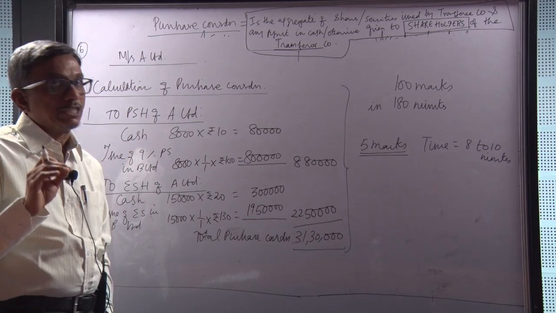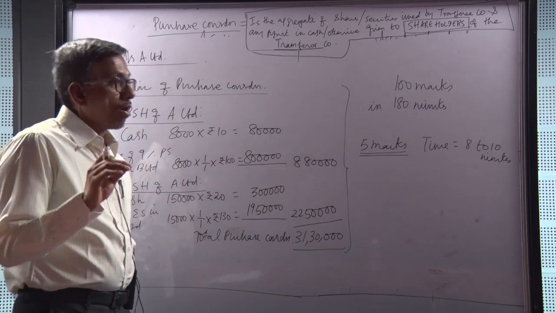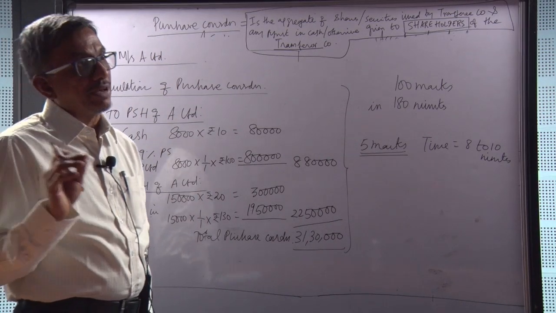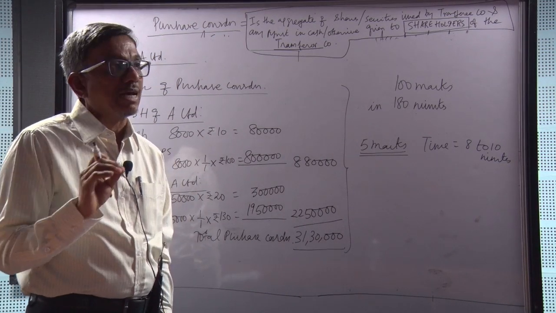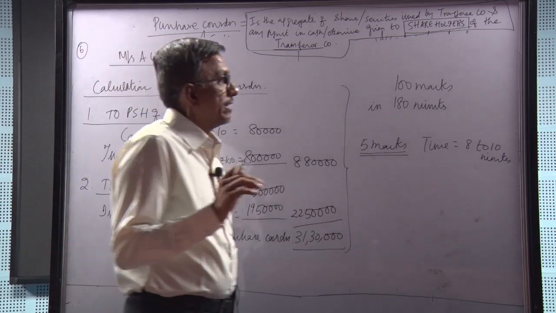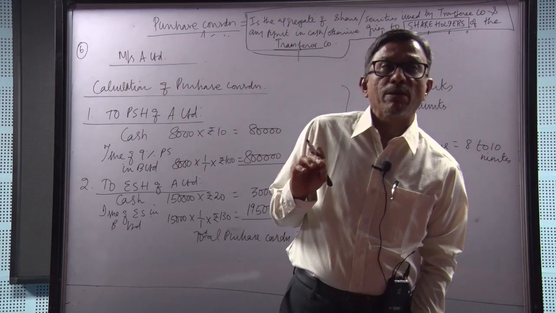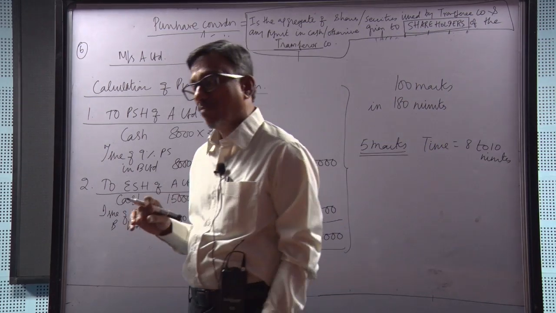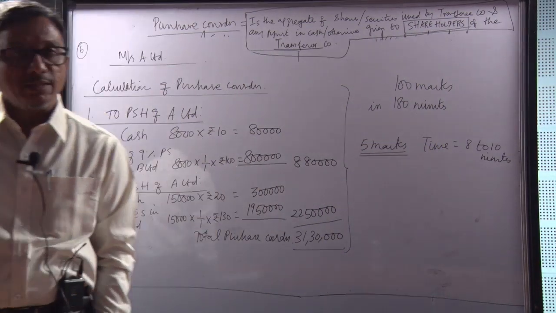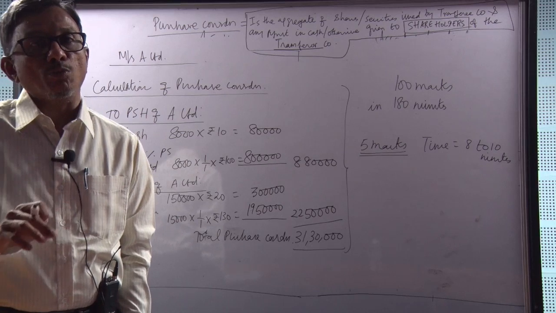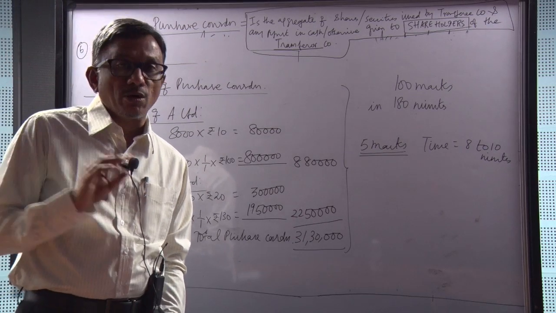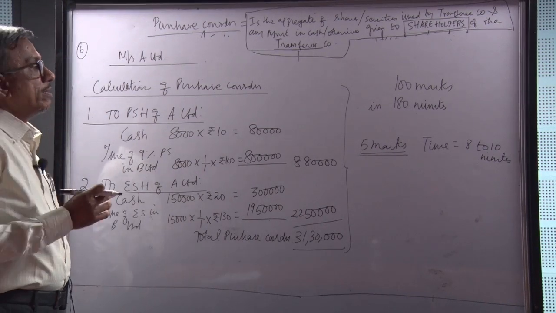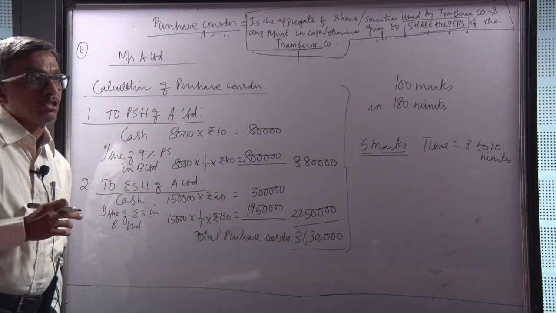Like that you should keep a benchmark for yourself. Then only it is possible to attempt all the problems in the exam. If you attempt all the problems in the exam, as I told you, you can easily score minimum 60 marks in this paper. And once you cross 60 in the paper on advanced accounting, it is very easy to clear this group very fast, no problem at all. Of course, you should score minimum marks in other papers also.